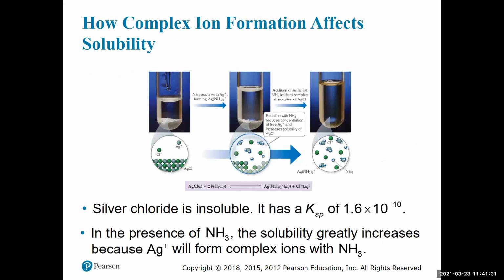And here's an example of how that would be used. Silver chloride, AgCl, is insoluble. It gives you a KSP value of 10 to the minus 10th, but essentially it's insoluble. That's actually a really common titration, to determine how much chloride is in a solution.